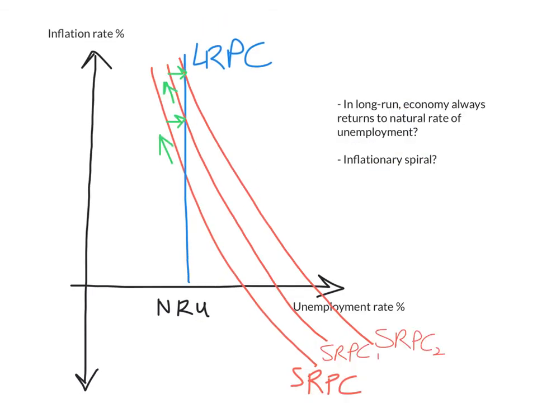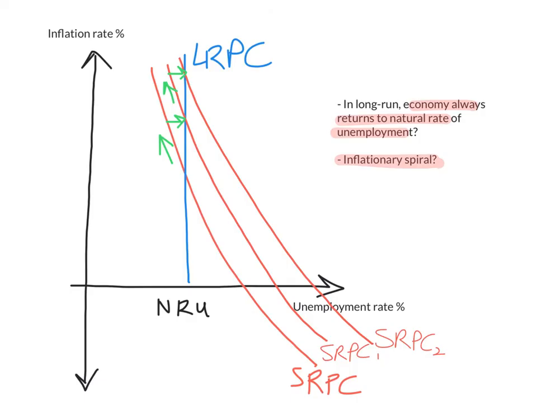The Phillips curve as a model is also very useful at showing inflationary spirals. Now, we know that many economists believe that in the long run, the economy will always return to the natural rate of unemployment. So say, for example, there is some demand pull inflation, this first green arrow here. This demand pull inflation will lead to a rise in the average price level, which means that over time, the costs of production will also rise. And this will cause a shift in the short-run aggregate supply curve, a negative supply shock.